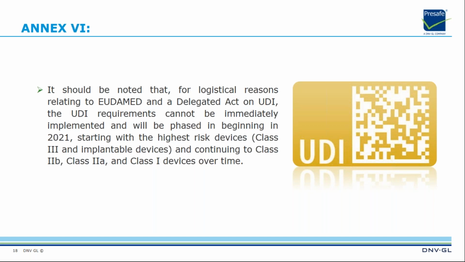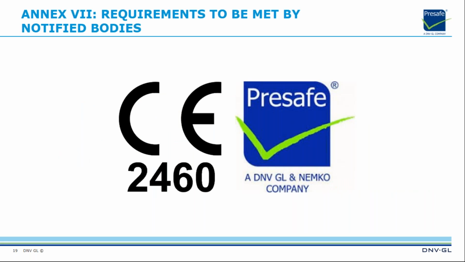It means Class 3 is the priority, and Class 3 and implantable devices are the first medical devices in the plan for the UDI system. Other classes will be after Class 3.